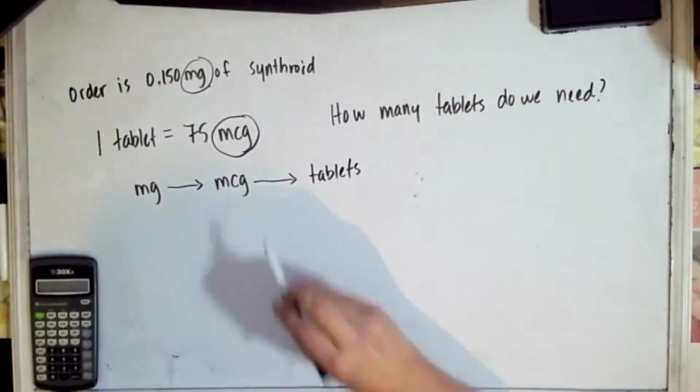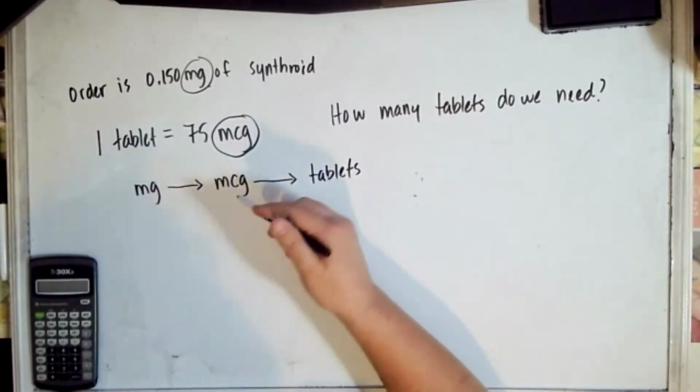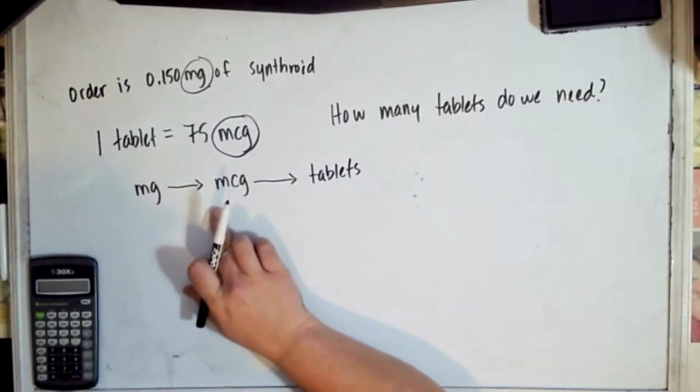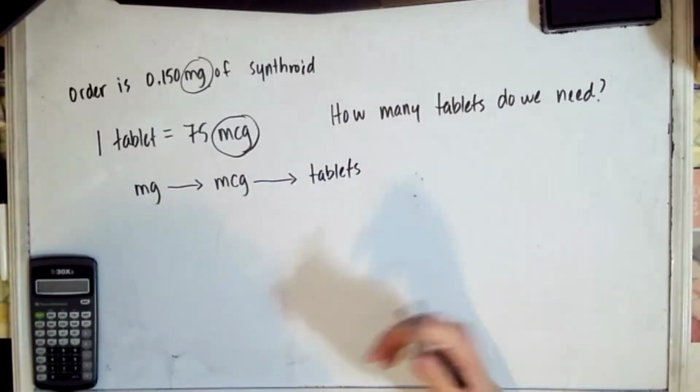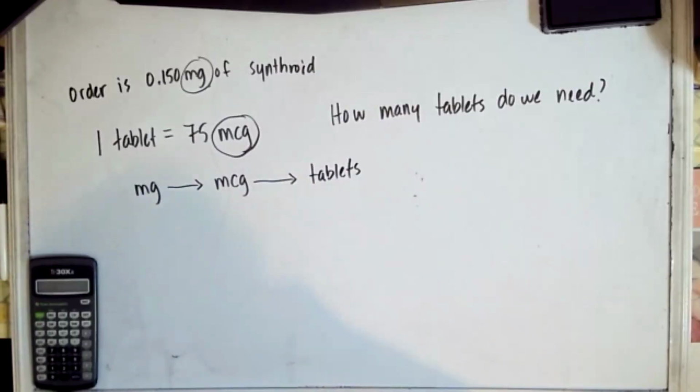Each of these arrows represents a step that we have to take. So our first step is going to be to take our milligrams and turn it into micrograms. And we need an equality for that, or a series of equalities if we don't know just one equality.